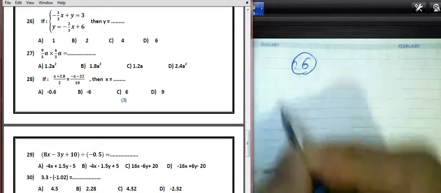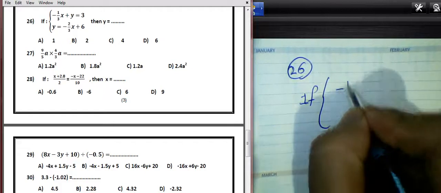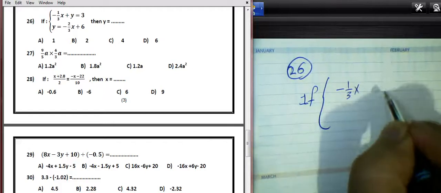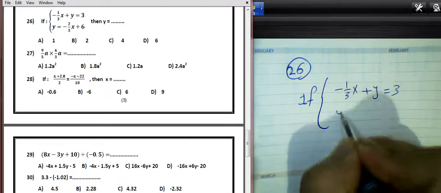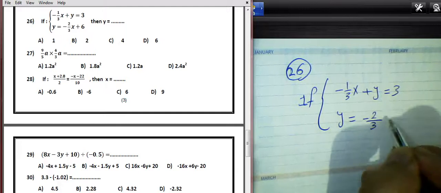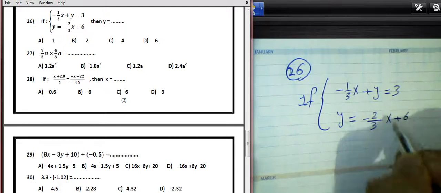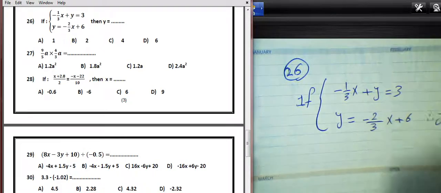Question 26, okay? He told us if negative third of x plus y equal 3 and y equal negative 2 over 3x plus 6, then y equal blank. He wants to find the value of y.